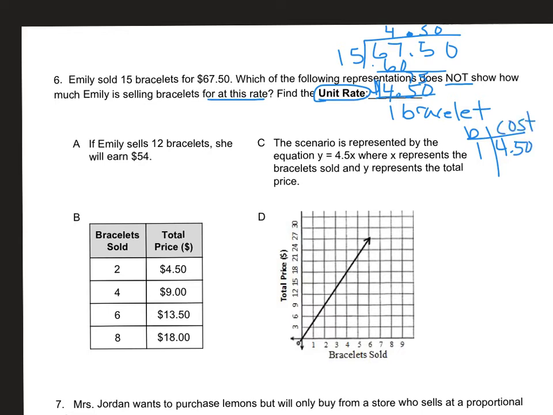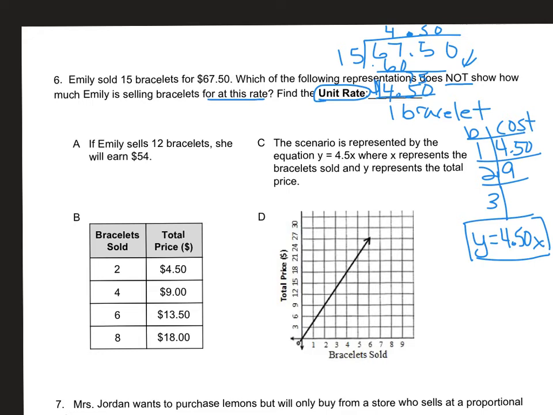That's my cost. 2 bracelets would be another $4.50, so I know that's $9, and so forth. 3 bracelets would be an added $4.50, and I would go on and on. So before I even answer these questions, I know that in order to figure out my total cost, it's going to be $4.50 times every number of bracelets. That's my equation. So there's one of these representations here that is not true.